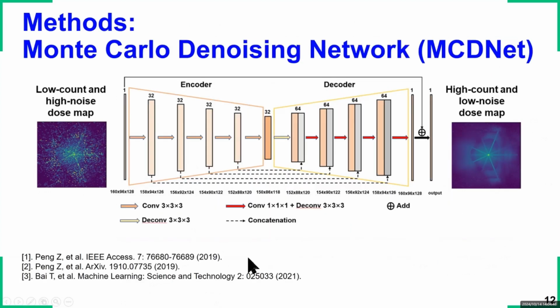Therefore, in 2019, we proposed the Monte Carlo denoising method using a convolutional neural network that we developed called MCDNet. The method basically uses a low count, high noise dose map as the input, and the neural network, after extensive training, would predict what the high count, no noise dose map would look like.